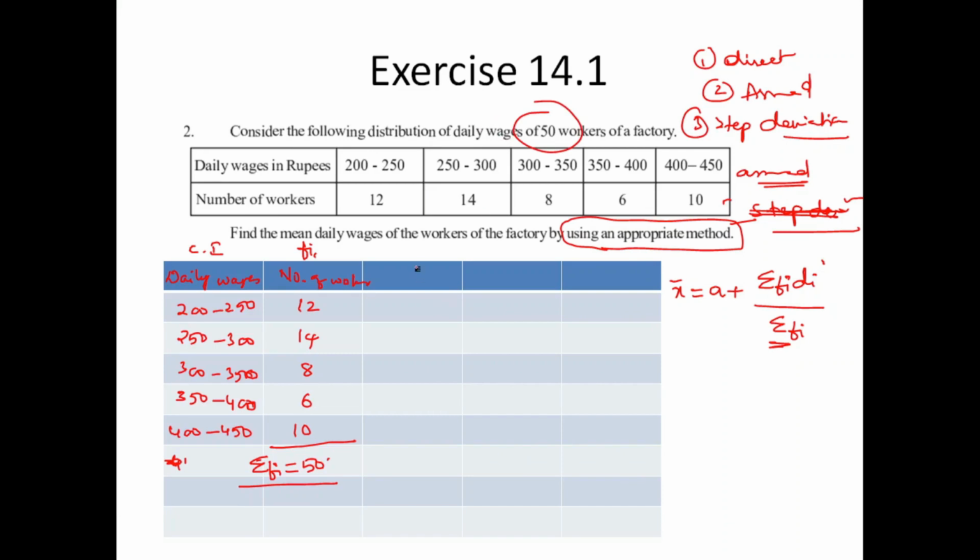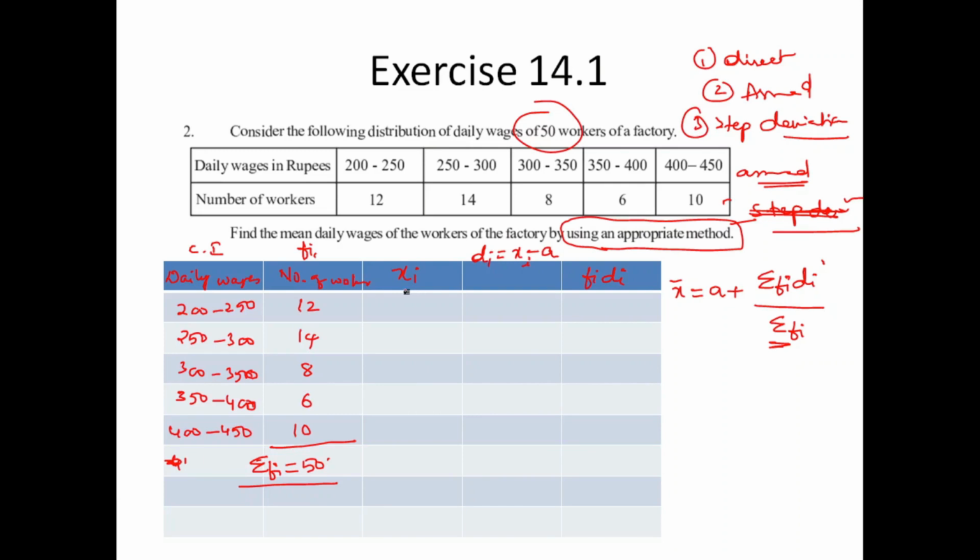Now you should be requiring f of i into dA. If I write here f of i into dA, this should be your x of i. The middle one is your dA. dA equals x of i minus your assumed mean value.